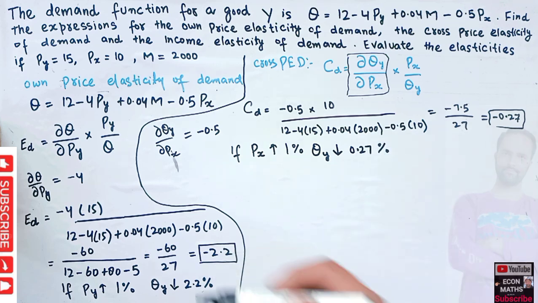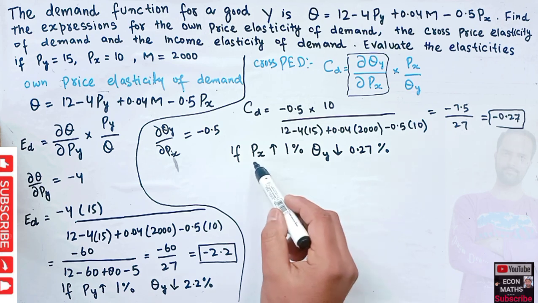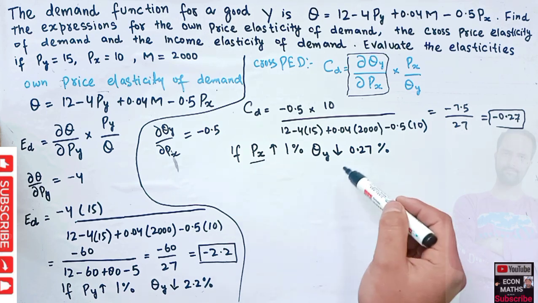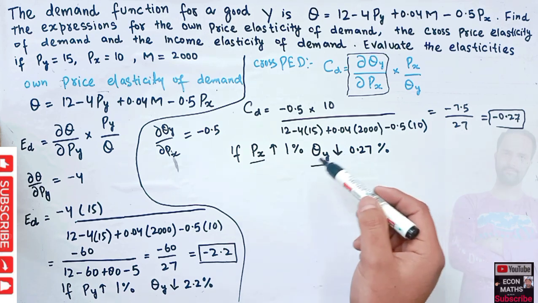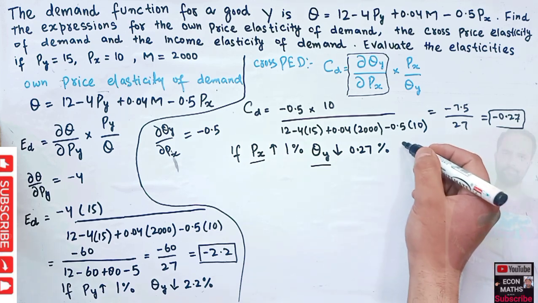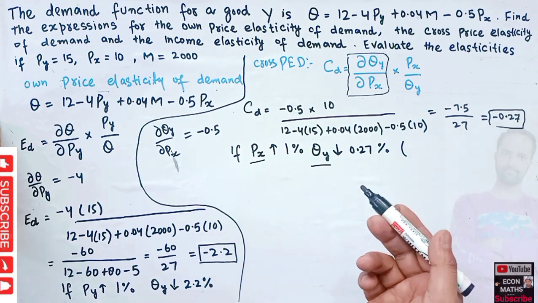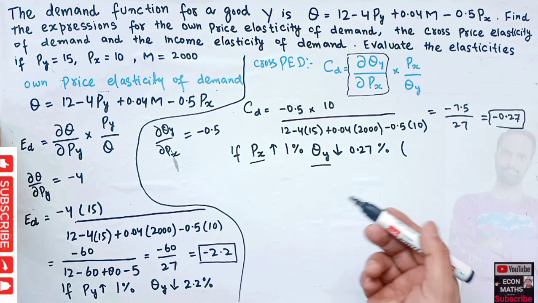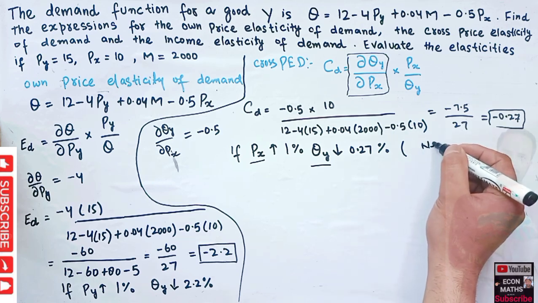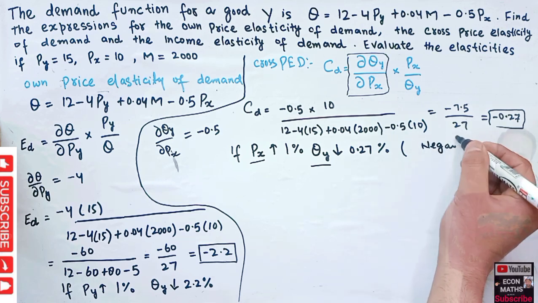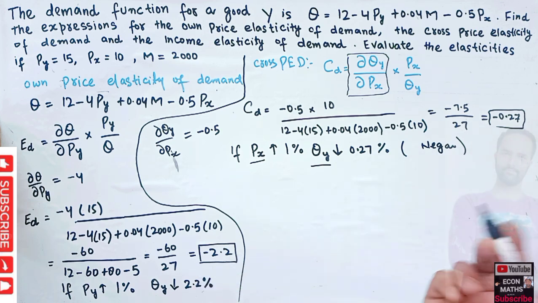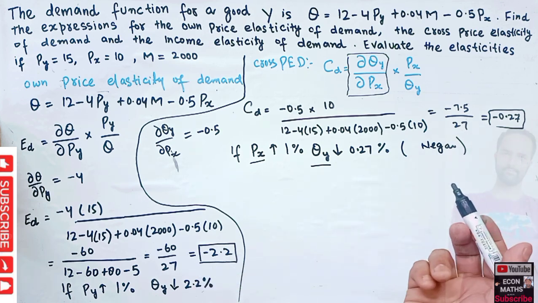There is an inverse relationship between the price of good X and the quantity demanded of good Y. So if we have a negative relationship, we can say the cross price elasticity of demand is negative here, and by negative we mean the two goods are complements. So we have complementary goods there.